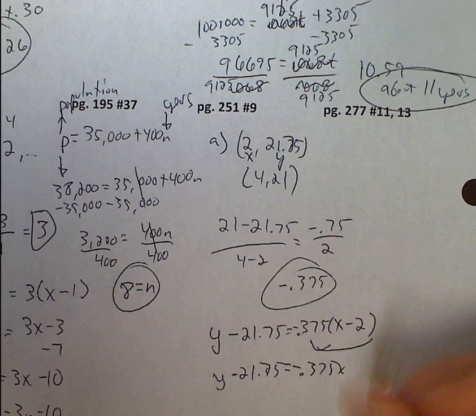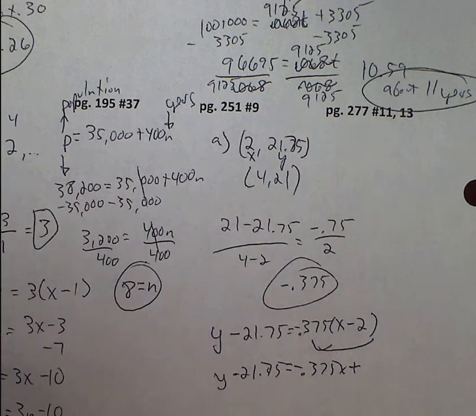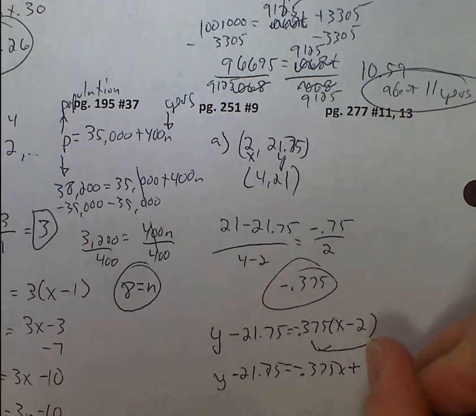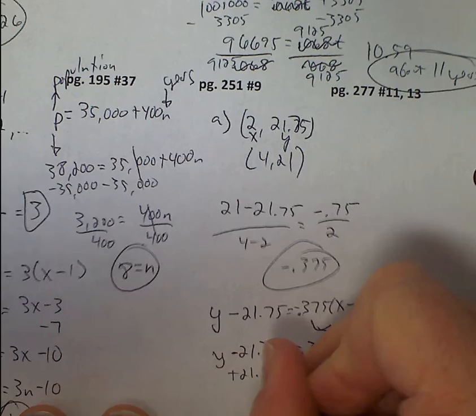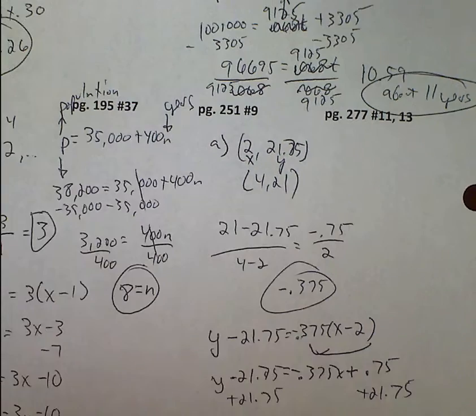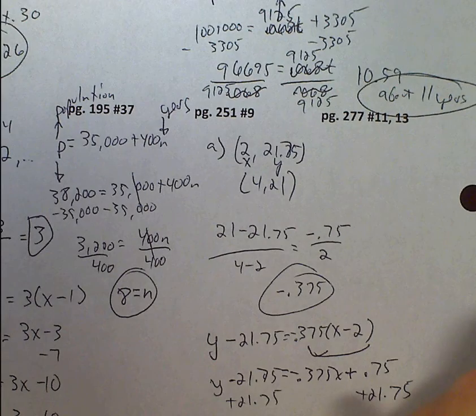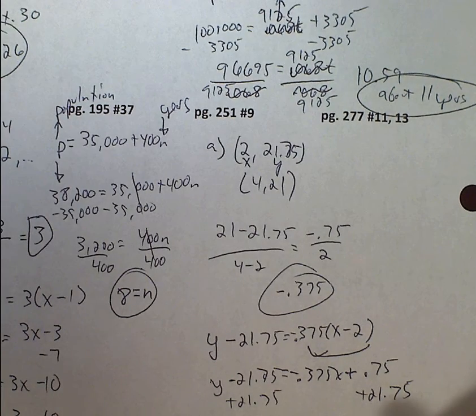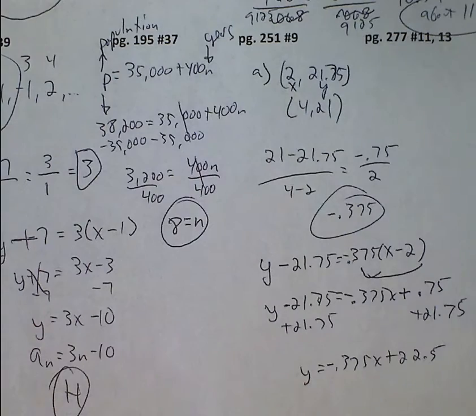Negative times negative becomes a positive. 0.375 times 2 gives me 0.75. I'm going to add 21.75 to both sides: y equals negative 0.375x plus 22.5. I found the equation of my line.